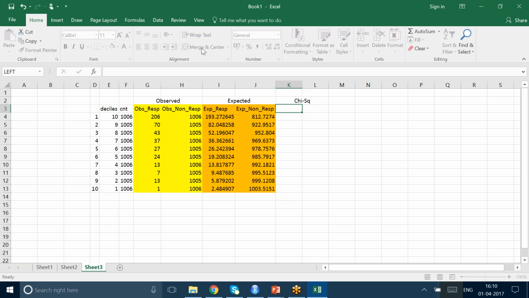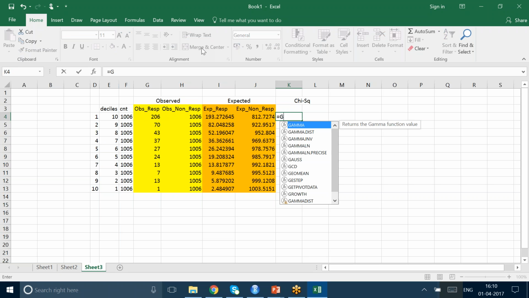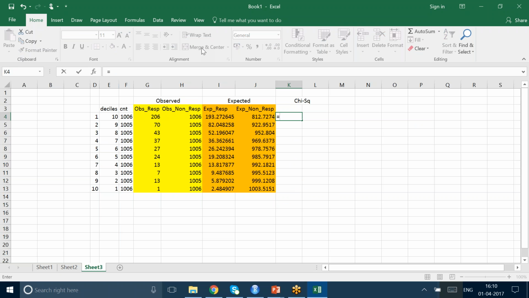The way this entire calculation will happen, I'm just explaining the details now. The chi-square null hypothesis is that observed is the same as expected. Now using my model, I have predicted the expected, and I want to prove that my model prediction is close to what is observed at a decile level.